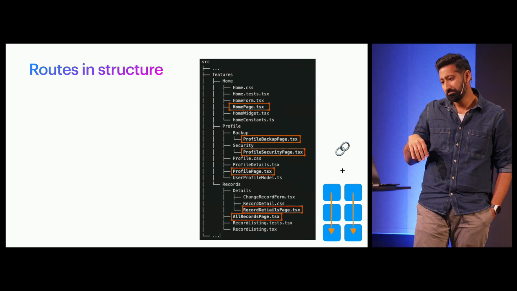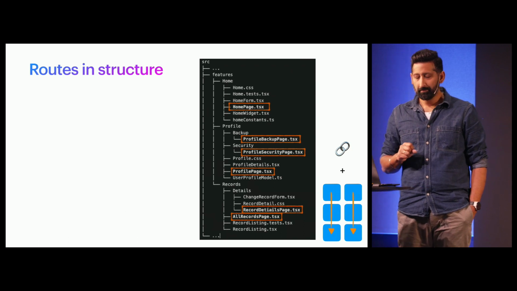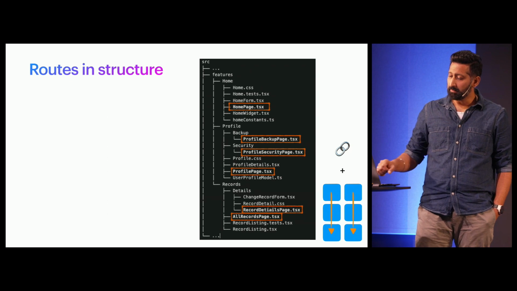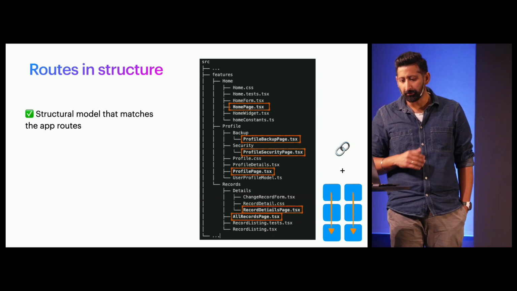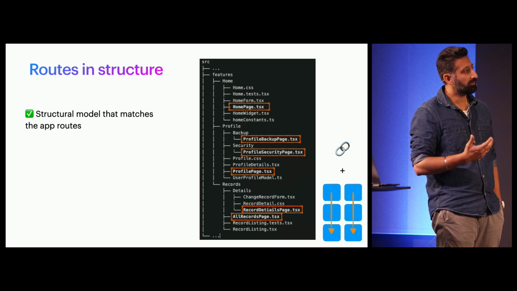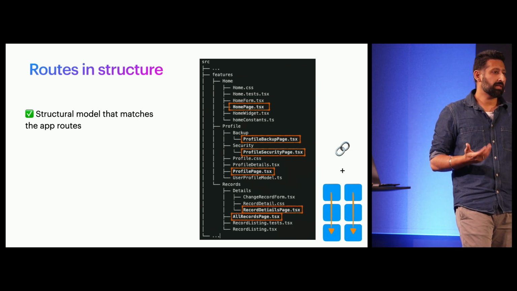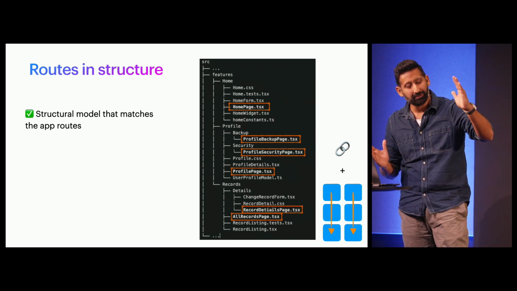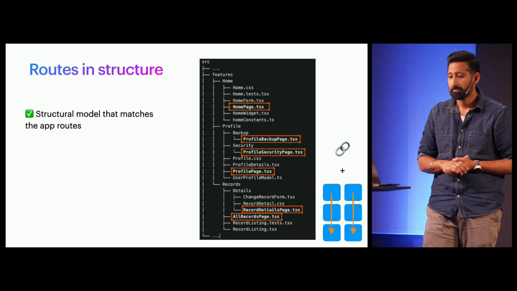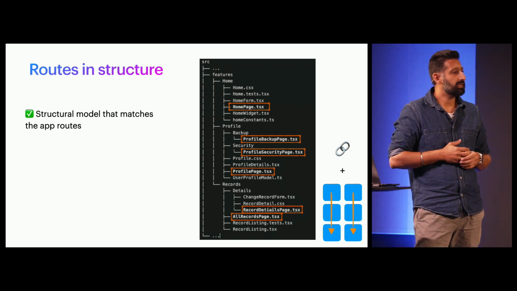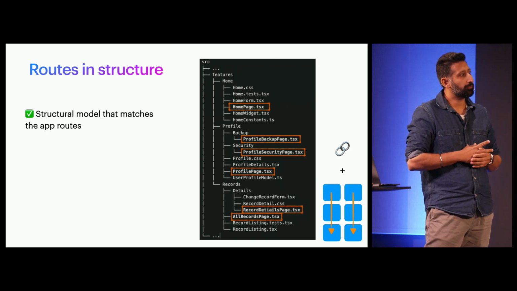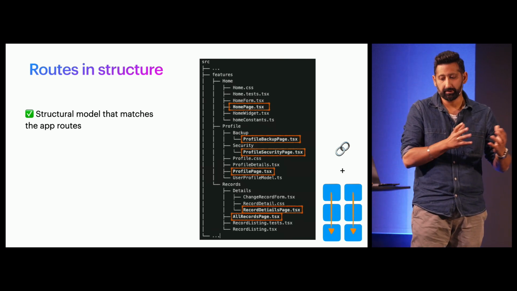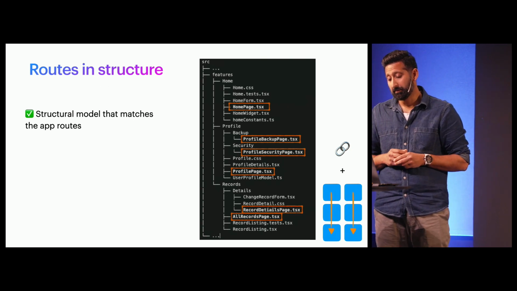I know this may not necessarily jive with everyone, but what I've found is that by talking about the routes as part of the structure, you're building up the same mental model in your code base as what the users are experiencing in the URL, in the application. So that mental model makes it a lot easier for the developer to understand where they are in the application compared to where the user is, or where the feature is being built.